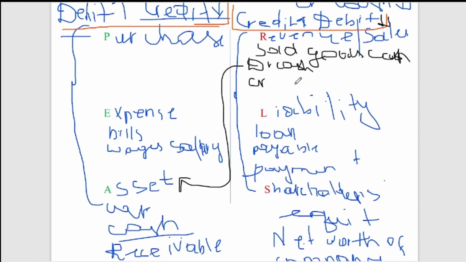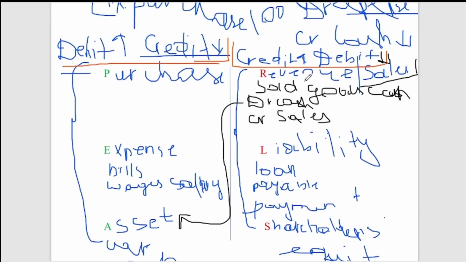And when you sell something, you receive cash. And on the credit side, you have to write sales, because there is an increase in sales.